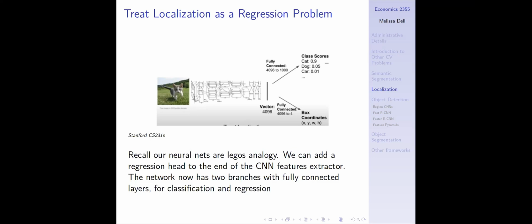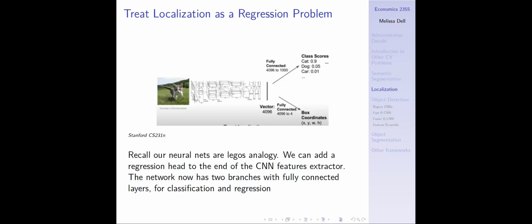And so in this picture here, there's a cat, and we want to classify it and determine its bounding box. And the network shown here is AlexNet. And then on top of AlexNet, you're going to stack 2 different fully connected layers that use the last layer of AlexNet as the input.